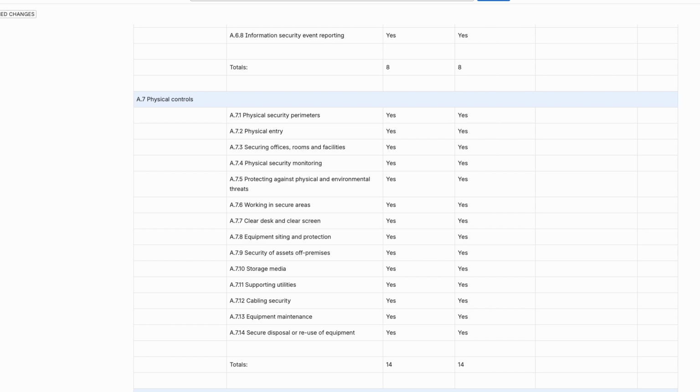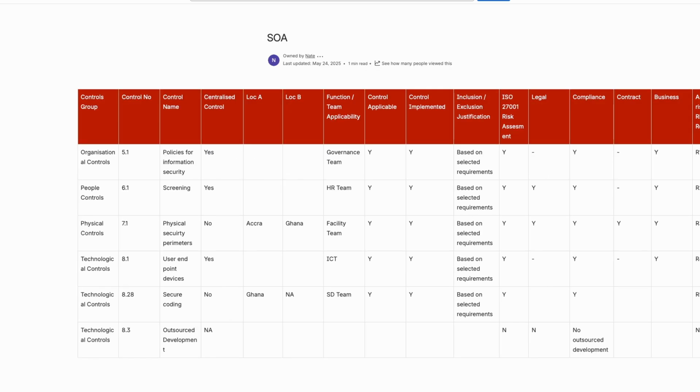But in this new statement of applicability, which is different, I am only documenting the controls that are necessary in our environment. So here you could see I have the control group as always. I also have the control numbers and then the control names. But the difference here is that I have included the locations and the functions or teams that are responsible for these controls.